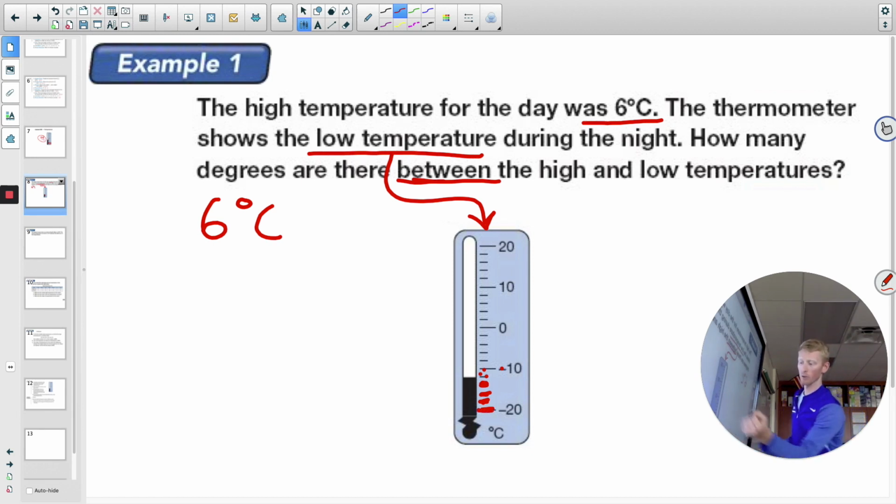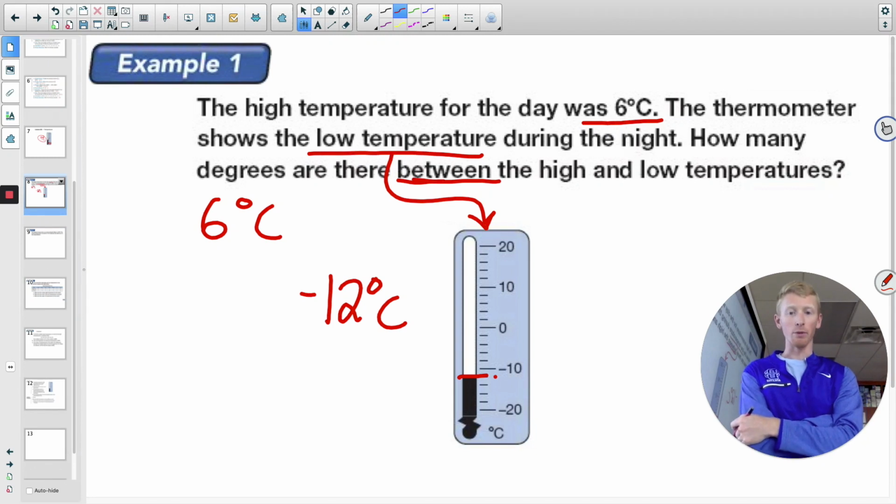Okay, so I know each of those is worth 2. So the low temperature here would be right at that mark, so negative 10, negative 12. All right, so we have a positive 6 as our high and a negative 12 as our low temperature.